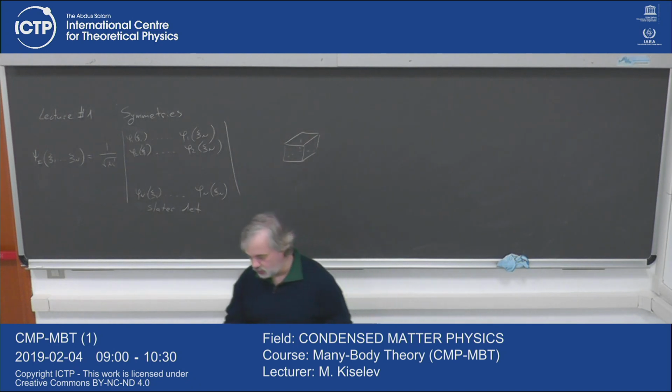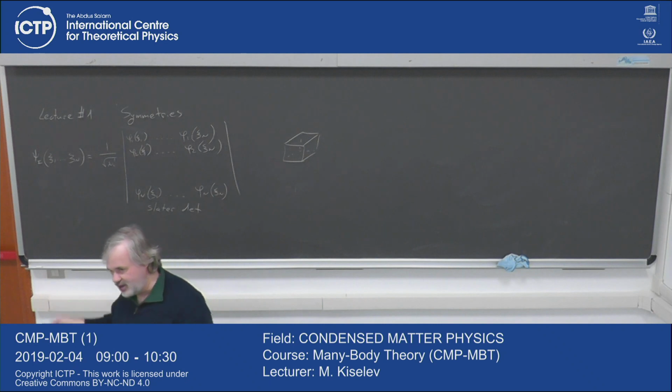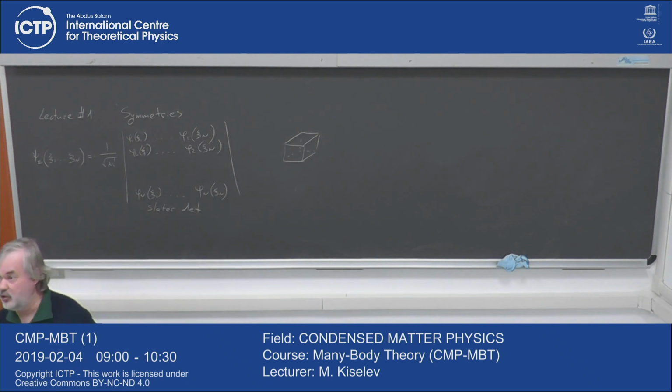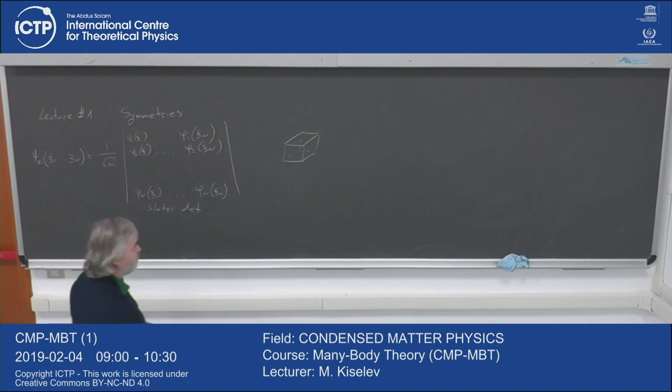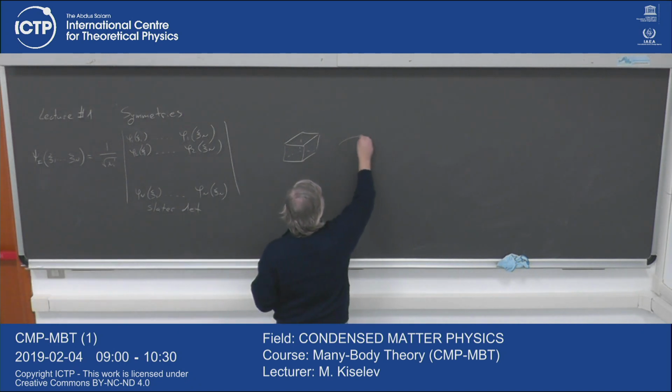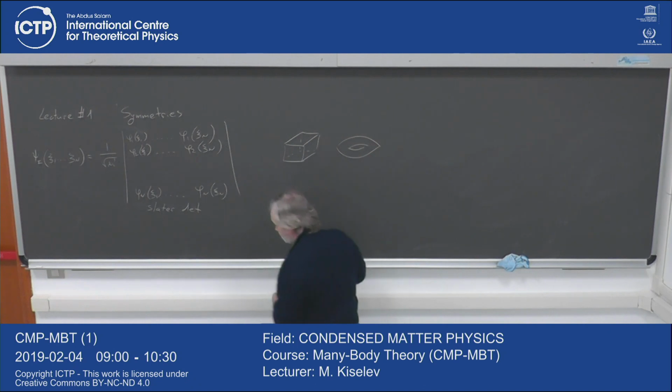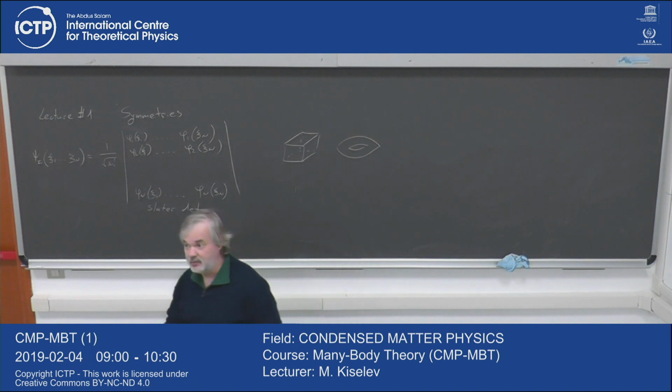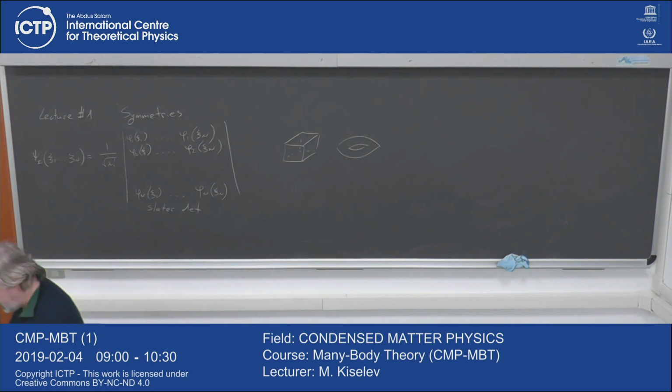I will assume that there is no interaction for particles inside the box, but the boundary conditions will be periodic, which means that instead of the box, I will assume sort of a torus. And this is the Born-Kármán periodic boundary condition.